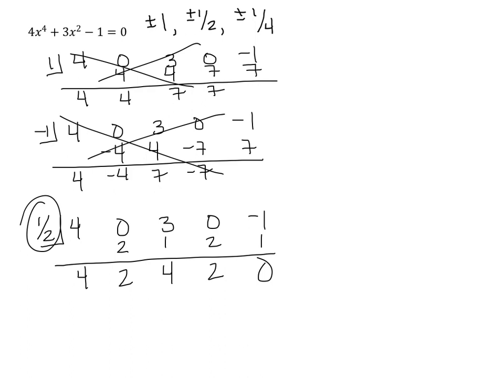What we're left with now is this equation, 4x cubed plus 2x squared plus 4x plus 2. So we need to find the rest of these roots. In order to do that, we continue this process. So we'll say, okay, I've already used plus or minus 1. I've used positive 1/2.